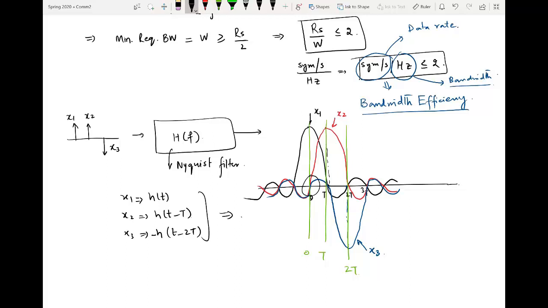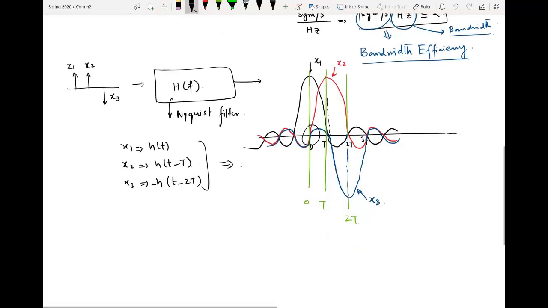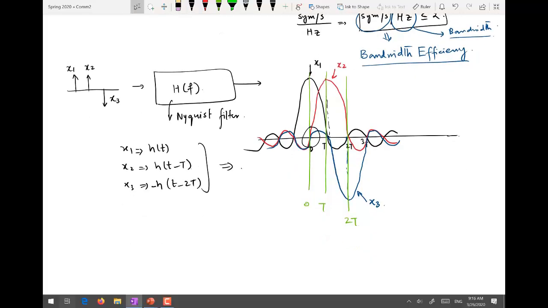The red one and the blue one are 0. Similarly for the other points. So it means if we use the Nyquist pulse for the overall transfer function, on the transmitter side and on the receiver side, ISI will be mitigated at least at the sampling instants. So that is the advantage of using the Nyquist filter for pulse shaping.